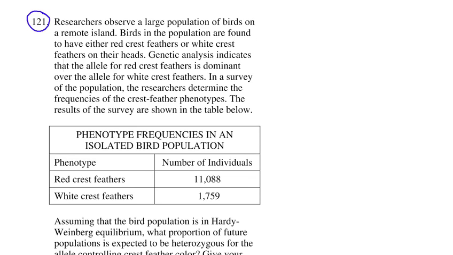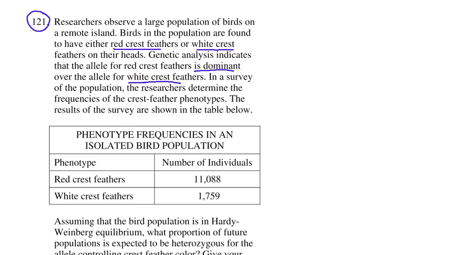So we have researchers observing a large population of birds on a remote island. Birds in a population are found to either have red crest feathers or white crest feathers. So already we're talking about some phenotypes here. And it tells me that the allele for the red crest feather is dominant over the white crest feathers.